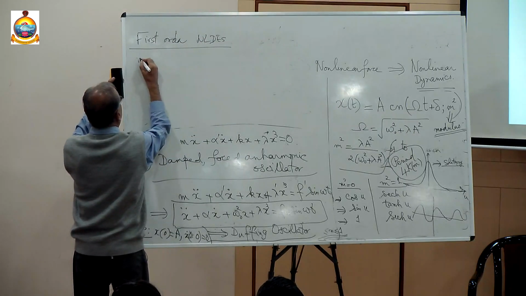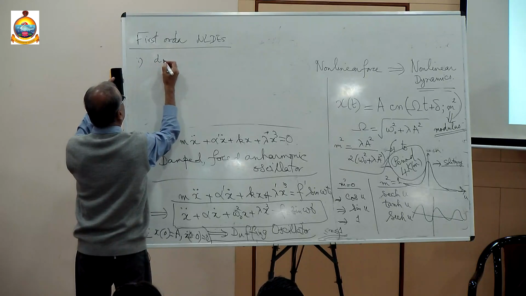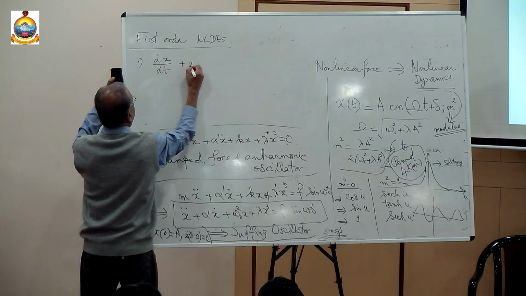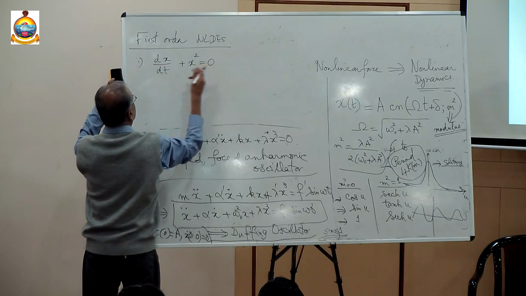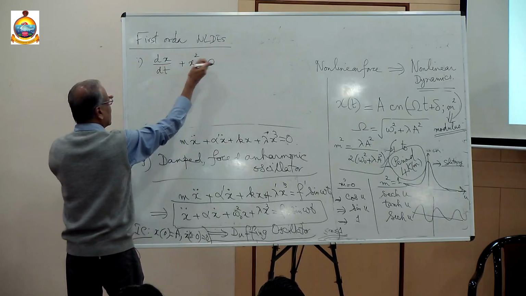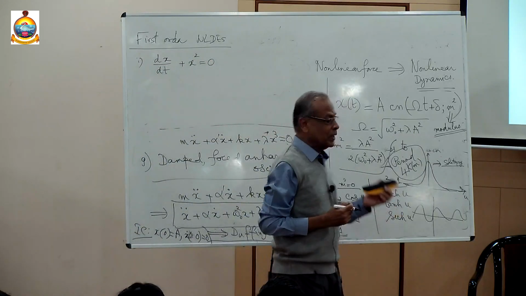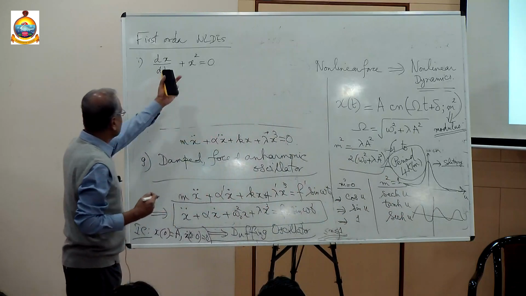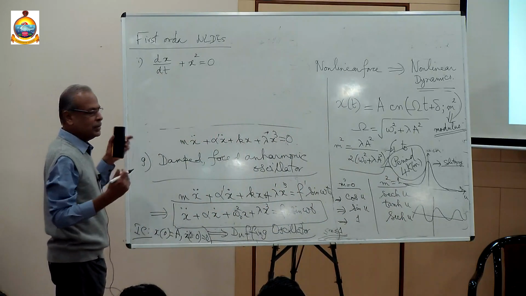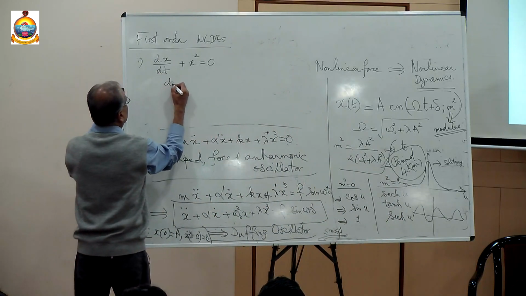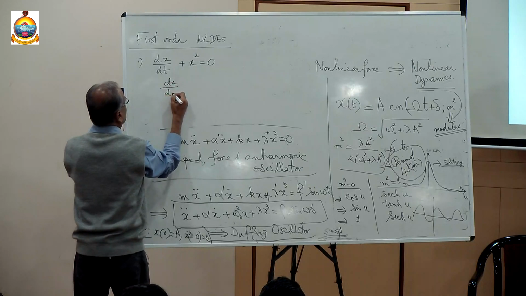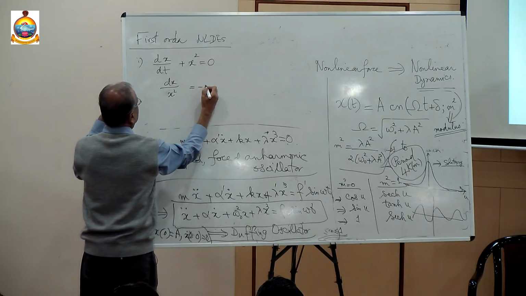Just simple examples. Consider dx by dt plus x square equal to 0, a very trivial equation. If it were dx by dt plus x equal to 0, you know how to solve it. With x square, you can still solve it. Isn't it so? dx by x square equal to minus dt.